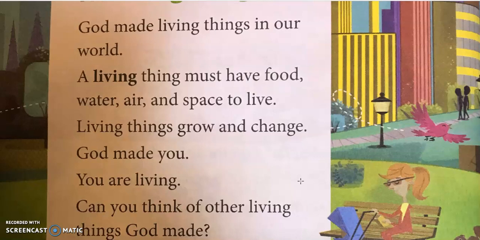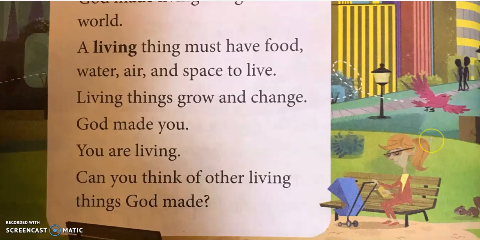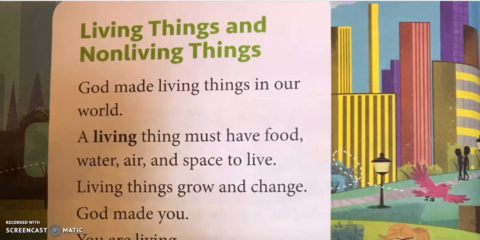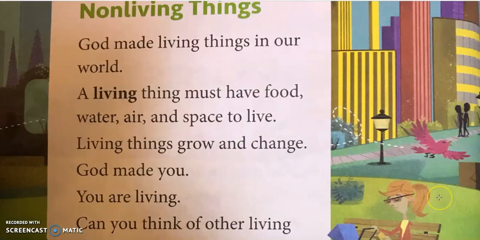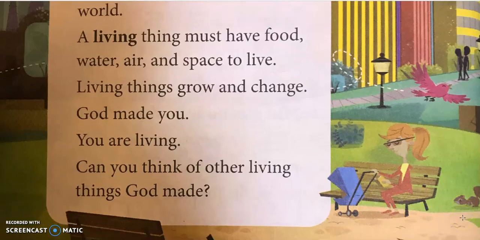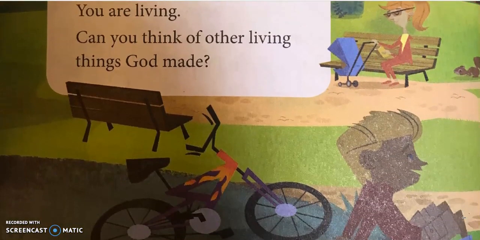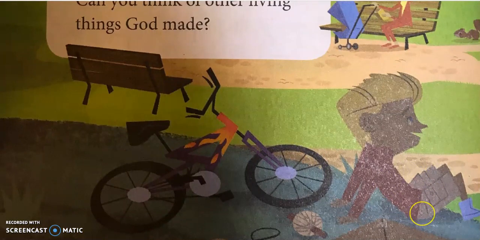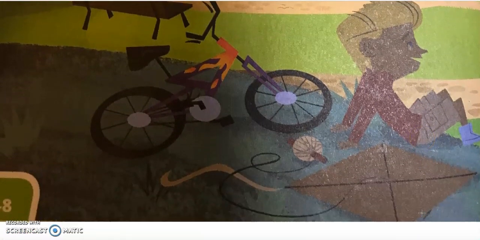Okay, so I would like for all the first graders to find some of the living things in the picture. Let's go. Yes, I hear some answers. Yes, a bird, a lady, maybe a baby in the stroller, right? And we have a chipmunk or squirrel. And yeah, we have a boy. That's a living thing, a boy.